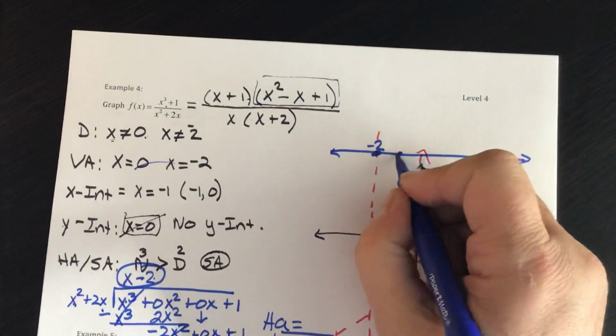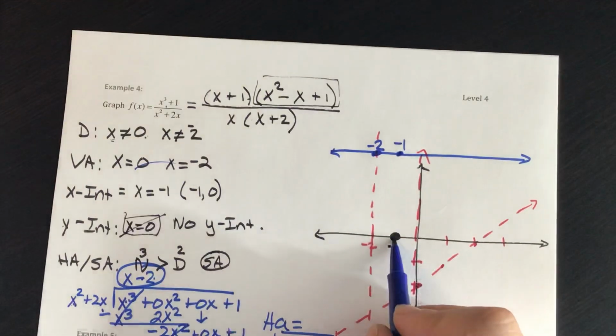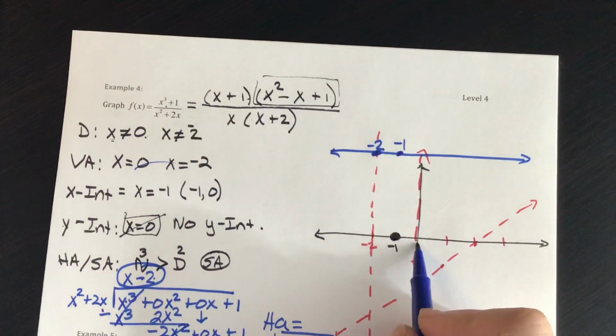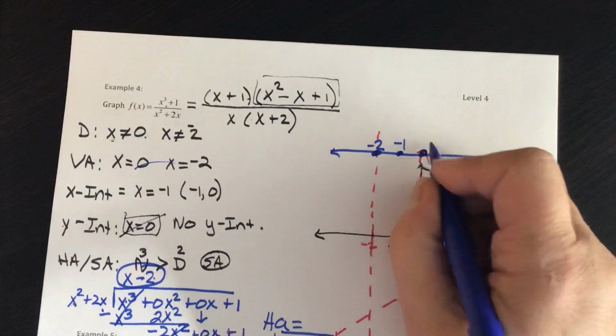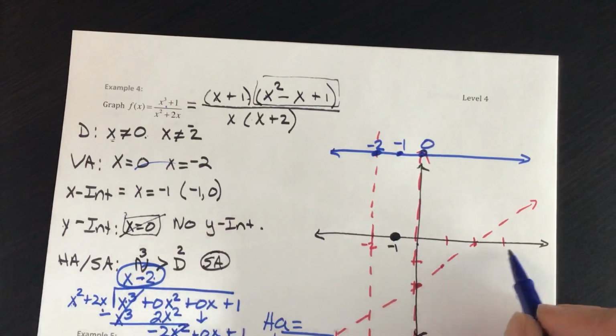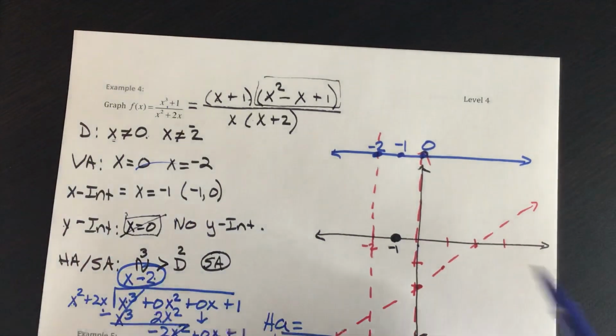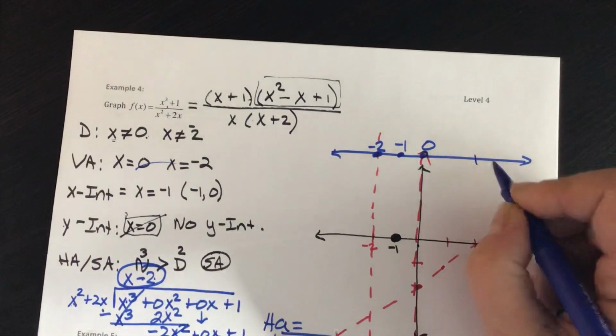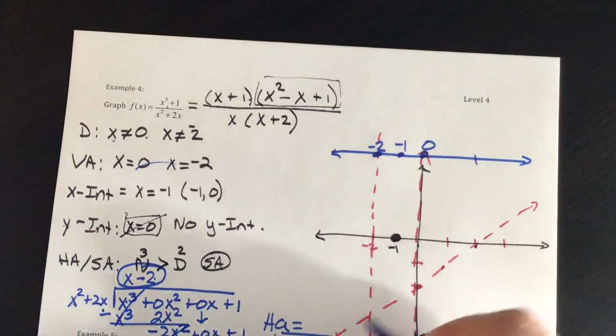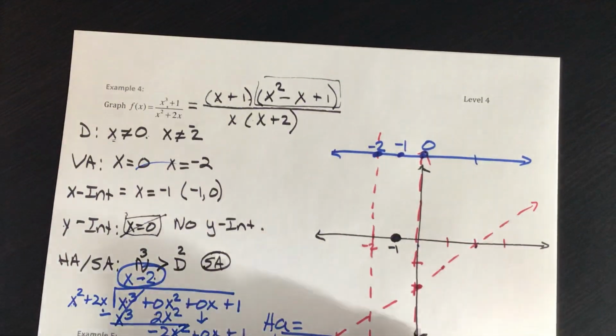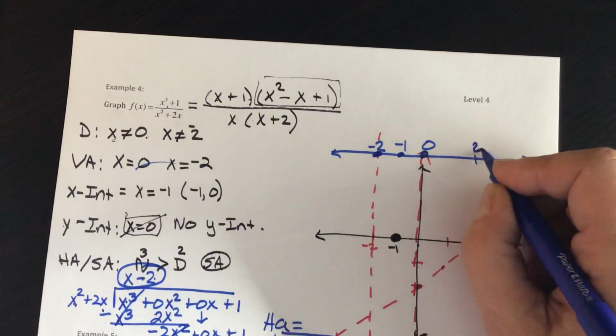I need a -1 for x-intercept, vertical asymptote at 0, and I think that's it. And I can look at 2 as well, since this slant asymptote is crossing at 2.